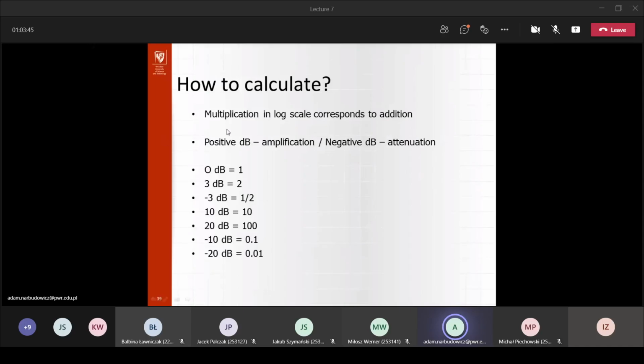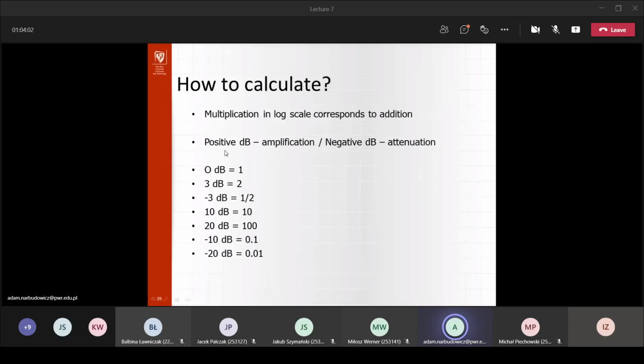So the general rule is that multiplication on the logarithmic scale corresponds to addition, which is the main reason why it is useful.